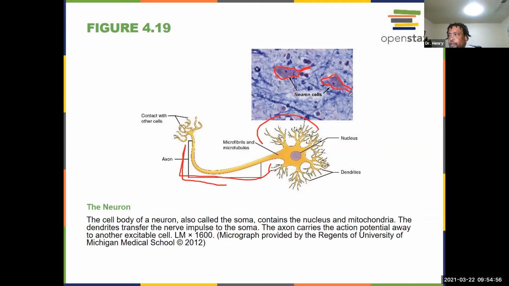Now, the body of your neuron, this part here, is called the stroma. This is where your mitochondria, all of the energy producing parts, are going to be. And then you also have your nucleus, your control center. So you have your energy producer and your control happening here. Down here, like I said, it's just for signal. So we're going to be using this aspect for signal.